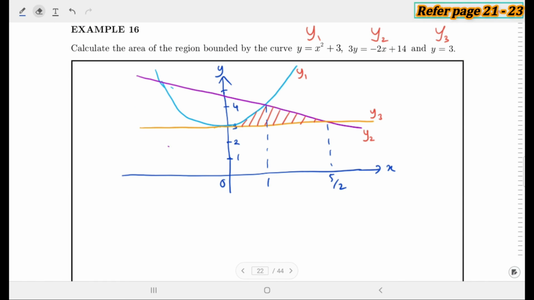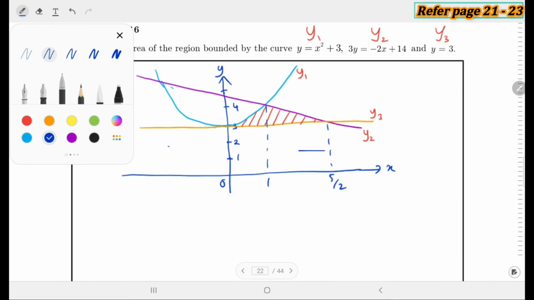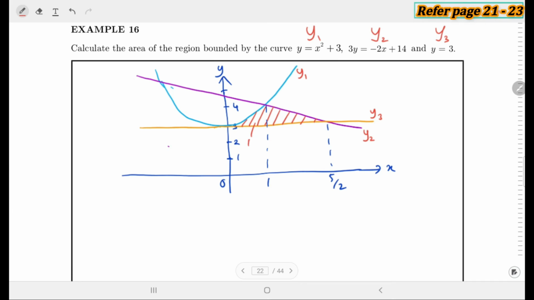Okay, let's restart. This is the sketch that we have now, and we're going to find the area. When we look at this region, I have to split it up into two parts: here is part A and here is part B. Why should I split this up into two parts?